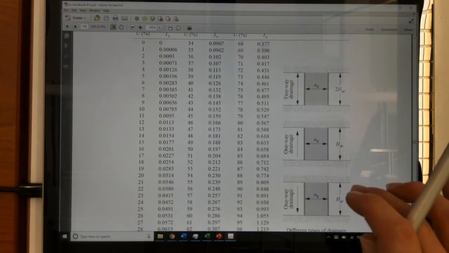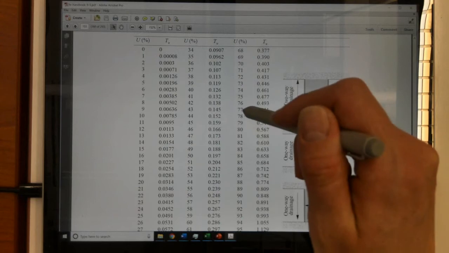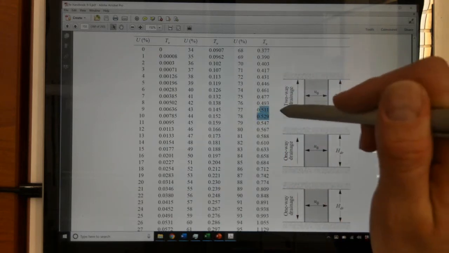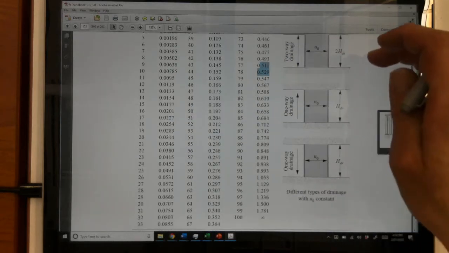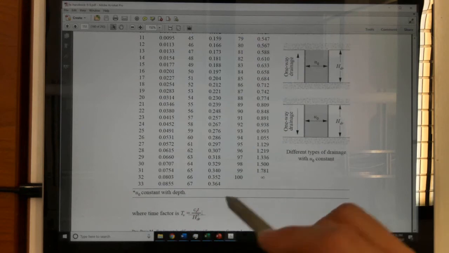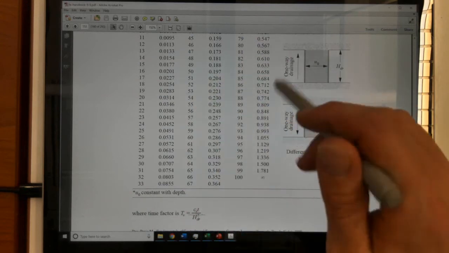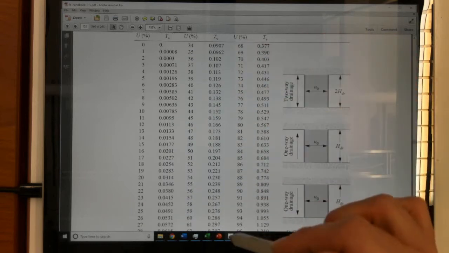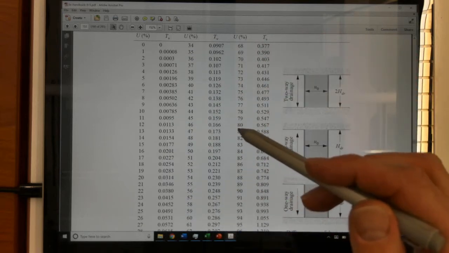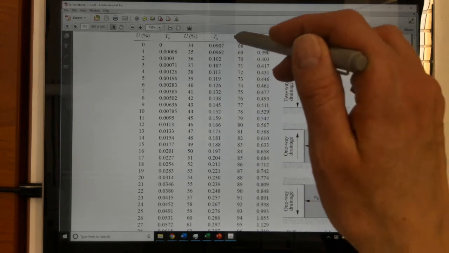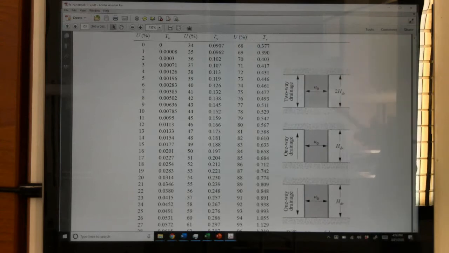Finding the degree or the percent consolidation can be done if you find this time factor. So this T sub V that they're giving you the equation for down below here might be something that you calculate, and then you go into this table with that T sub V, and you can find the percentage of the consolidation that's occurred. So that degree of consolidation, capital U, is the percent consolidation.